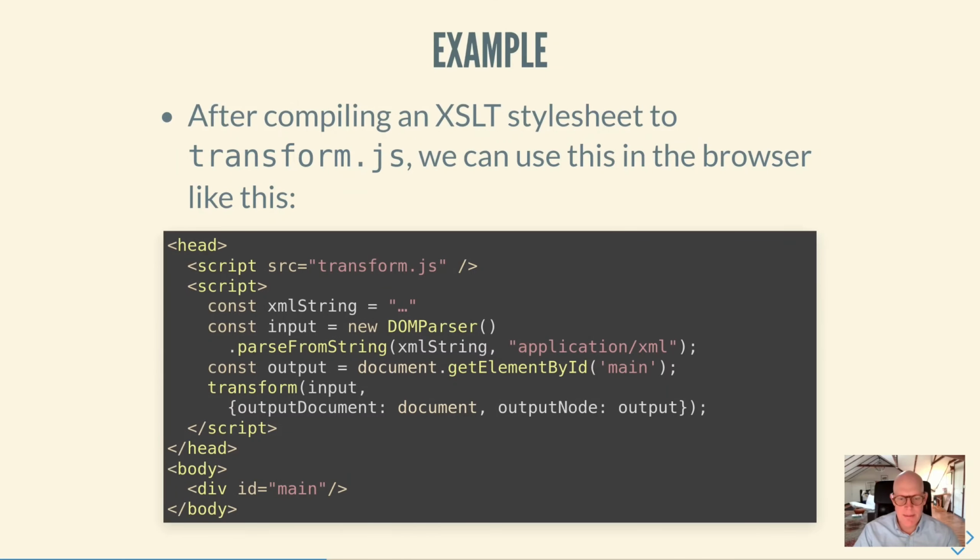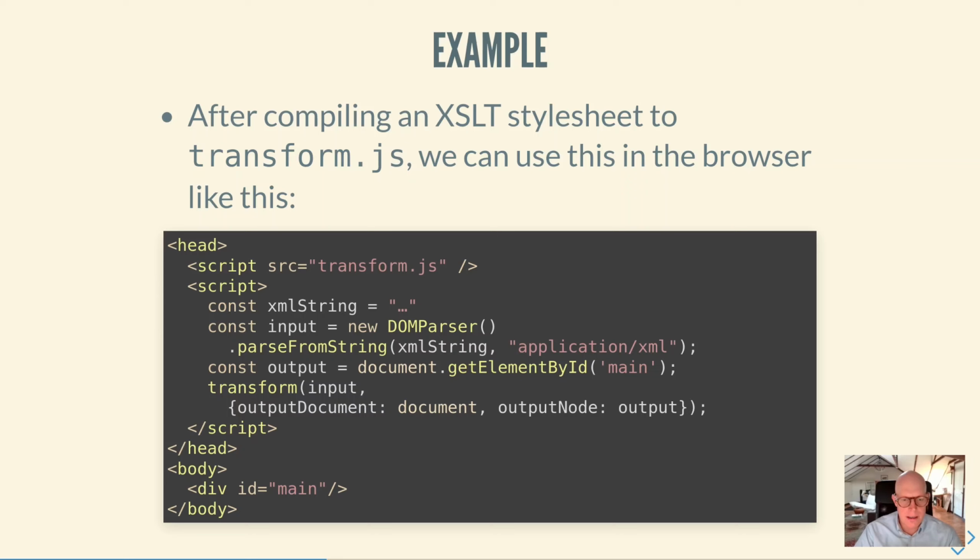As an example of how these compiled JavaScript files are used, in this example used in the browser, transform.js is a file that's been created by XJSLT, an output file basically from XJSLT. And you can see here we're loading it directly.